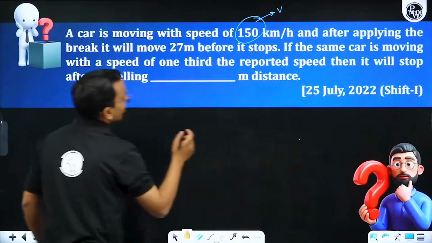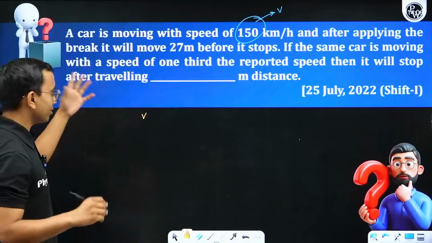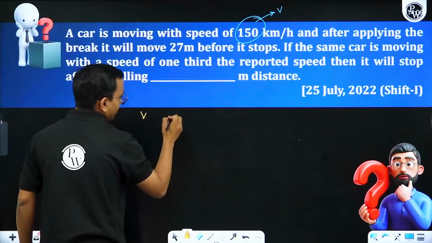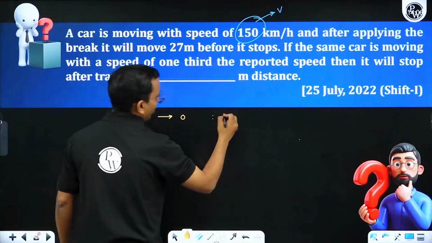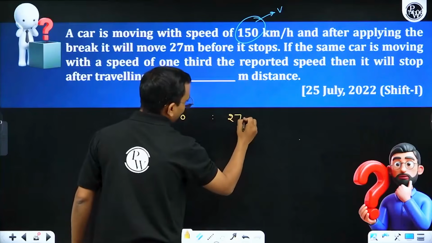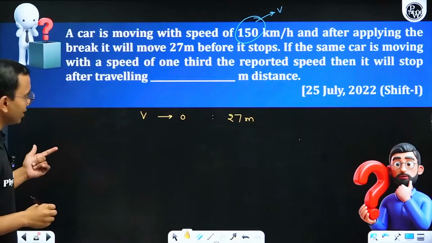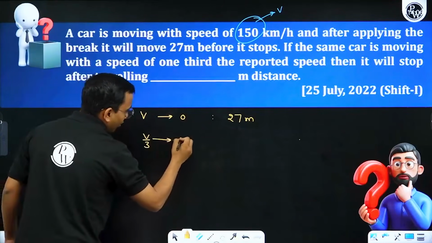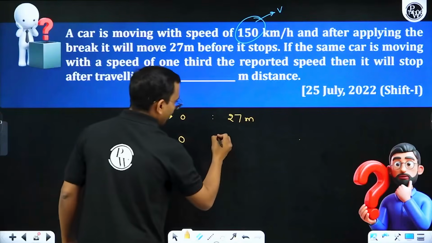Now here, if the speed is v and the acceleration is the same, applying brakes, so acceleration is a. So v to 0, if it goes, how much distance it covered? 27 meters. Now here it is saying, if the car is moving at speed v by 3 and you apply brakes, then it will travel how much distance?